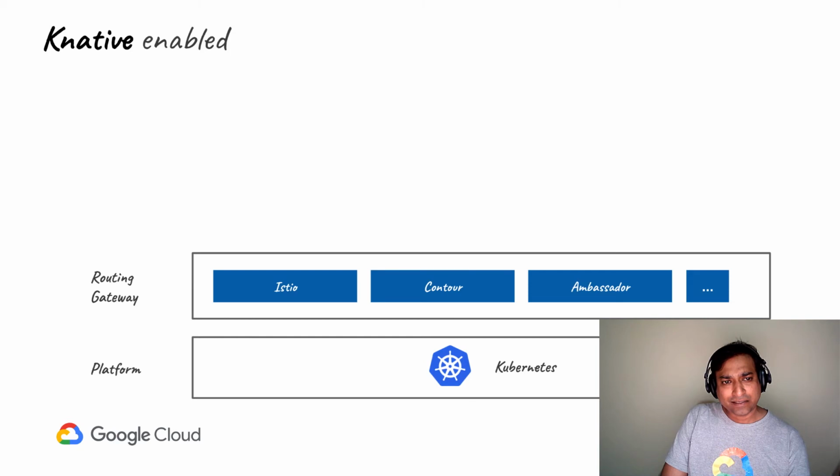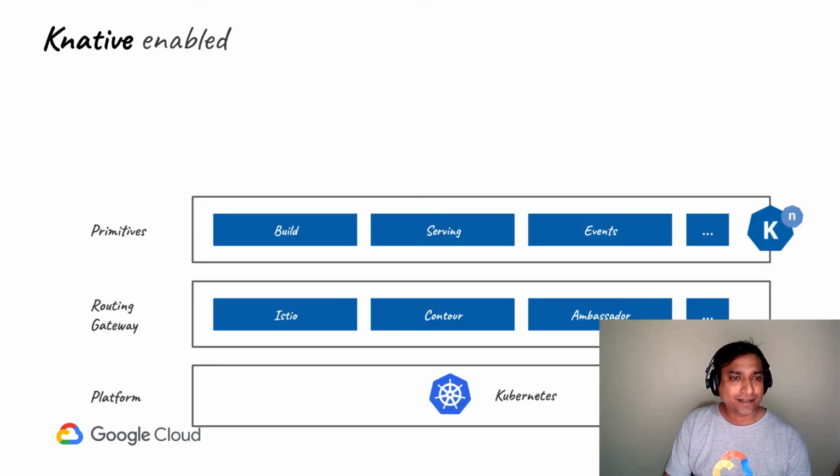Hence it is implemented as a plug-and-play architecture. That means you can throw in an Istio open source gateway, or you can put in Contour, which is an erstwhile Heptio, now VMware, project that does multi-cluster ingress, or even the Ambassador ingress controller. So it's basically a pick-and-choose, plug-and-play architecture.